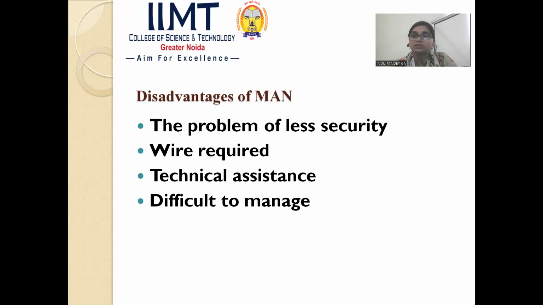Technical assistance means we need proper skills or trained engineers to establish any MAN connection, and proper maintenance is also required from time to time. Difficult to manage: as various devices are connected to each other, proper management is required in order to track, implement and manage the network in an efficient way.